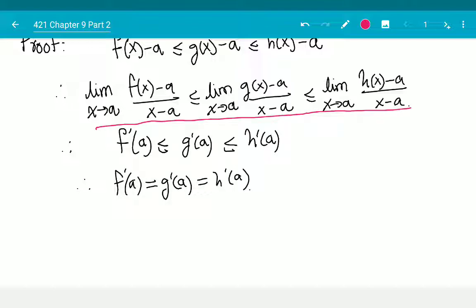This need not always be true. This is true if x minus a is positive. If x minus a is negative, all these inequalities get reversed, right? In that case, you would get f prime of a is greater than or equal to g prime of a, greater than or equal to h prime of a, and you'll still get these to be equal, so it doesn't change too much.